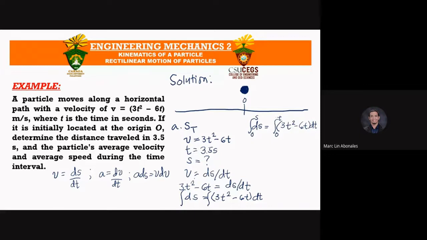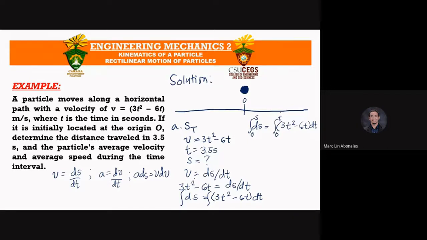Dili na to i-substitute directly ang 3.5 because ang atong ma-come up is ang position lang for the time na 3.5 seconds. So what we need to achieve is the function or the equation sa position at any time.